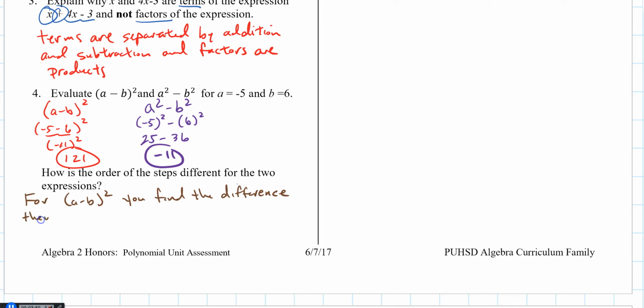Find the difference, then square the answer. For a squared minus b squared, you square first, then subtract. So for that part, we're literally just writing down what we did differently between the two of them.